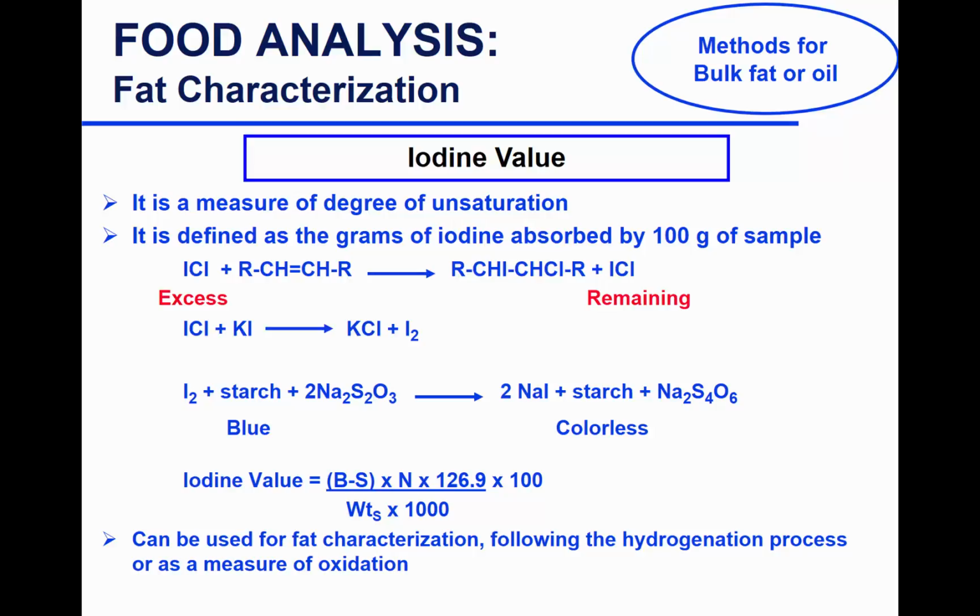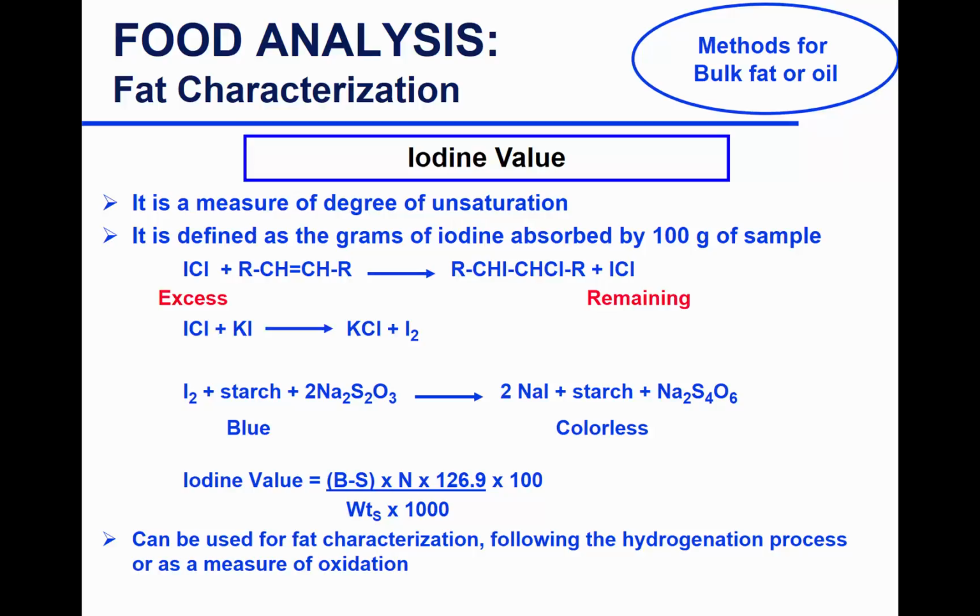You need to know this definition, okay? Grams of iodine absorbed by 100 grams of sample. The more double bonds your triglycerides have, the more iodine it is going to absorb, okay? So here's the reaction that you will carry out in the lab next week.